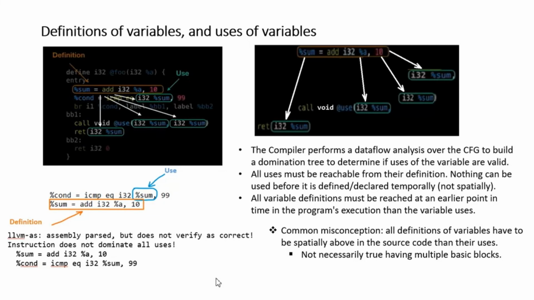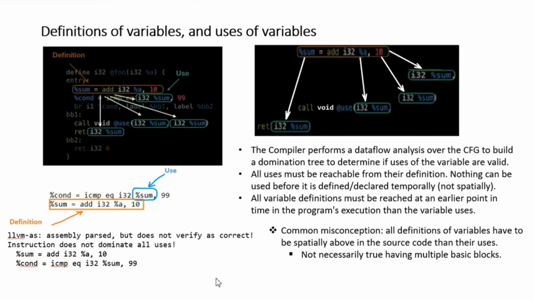So for example, here is a bug in which we have a use preceding its definition. The assembler complains that the instruction does not dominate all uses. What does it mean, does not dominate all uses? If it dominates all uses, it is a dominator node.